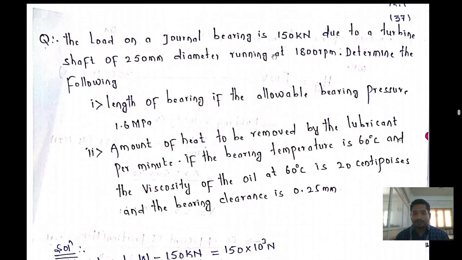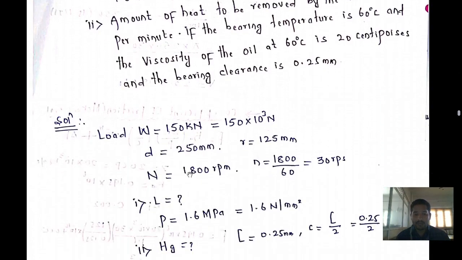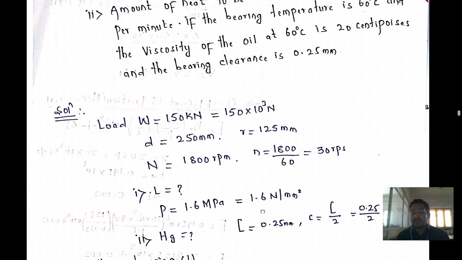And the speed of rotation of the journal is given as 1800 rpm. So n is equal to 1800 rpm. To convert revolutions per minute to revolutions per second, you need to divide by 60. 1800 by 60, then you will get 30 rps. Clear? So in this case, we need to find out the length of the bearing.